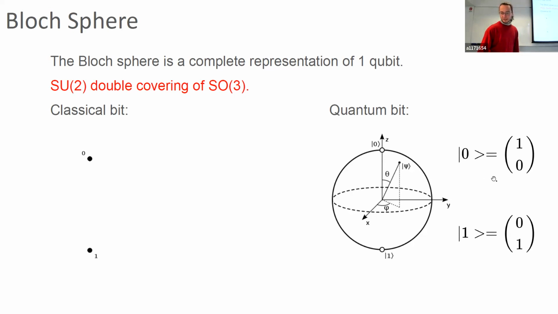And a different way of representing the state of this qubit is like this. A qubit in the state 0 can be represented by the unit vector of a space with 2 dimensions, so the vector (1, 0), and a qubit in the state 1 can be represented by (0, 1). This is the bracket notation, which is what physicists use.